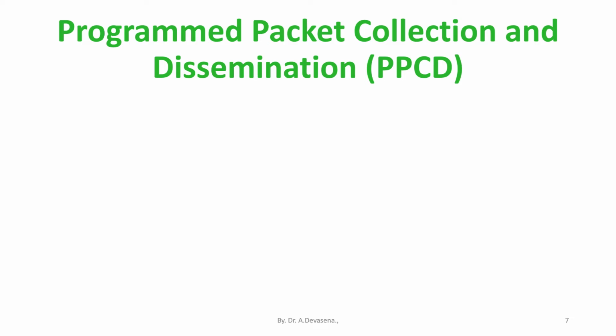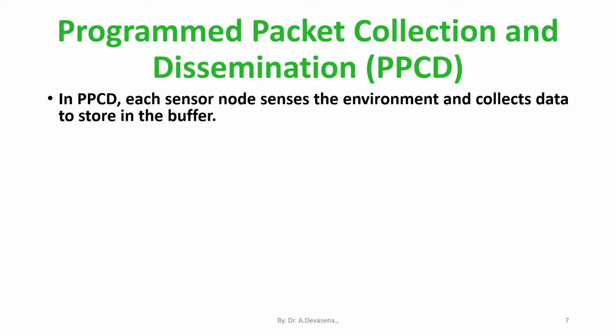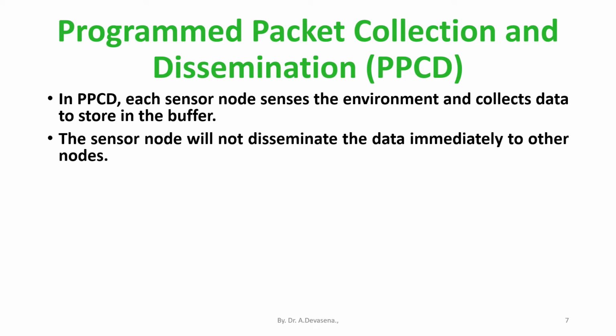Programmed packet collection and dissemination (PPCD). In PPCD, each sensor node senses the environment and collects the data to store in the buffer. The sensor node will not disseminate the data immediately to other nodes. Instead, the node sets a dissemination time interval and waits until the time expires.